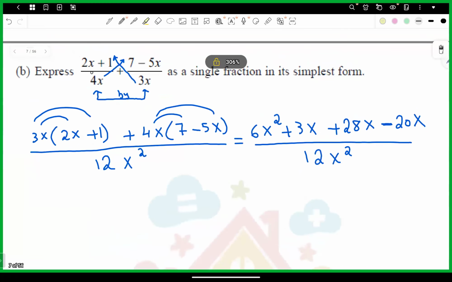One more time. 3x by 2x equals 3 by 2, 6x squared. 3x by 1 equals 3x. 4 by 7 equals 28x. And then 4x by 5x is minus 20x squared.